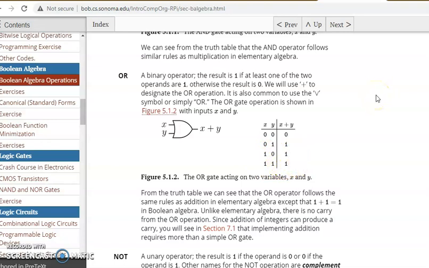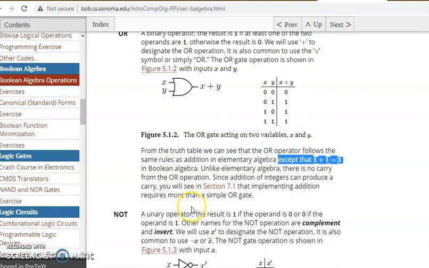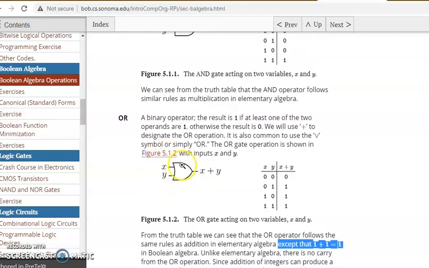That's the same as addition. 0 plus 0 is 0. 0 plus 1 is 1. 1 plus 0 is 1. 1 plus 1 is actually not 1, but 2, which is a carry, and we don't have a carry. So, except the 1 plus 1 equals 1. Unlike that, there is no carry in the OR operation, and so that requires more than a simple OR gate. So this is an OR gate.